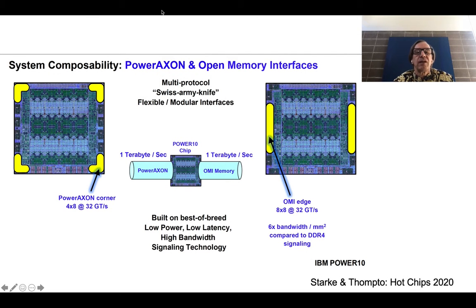So not only is Power 10 capable of being a router, it's a pretty high bandwidth router as well. You see here that there's a total of 2 terabytes per second of OpenCAPI capable interfaces on the processor.